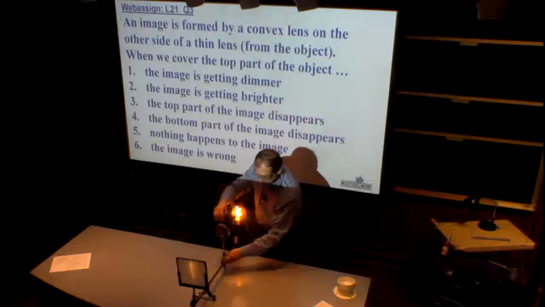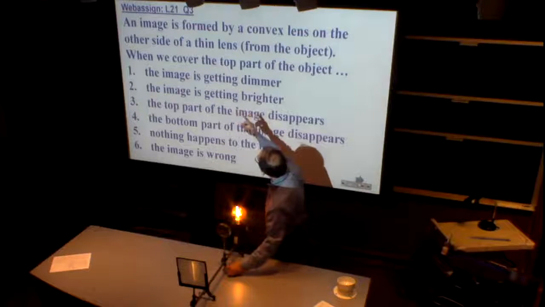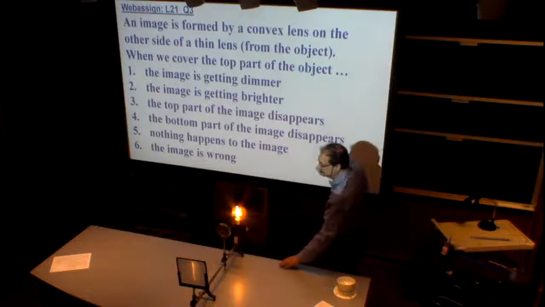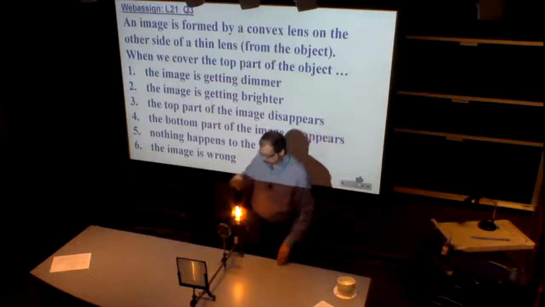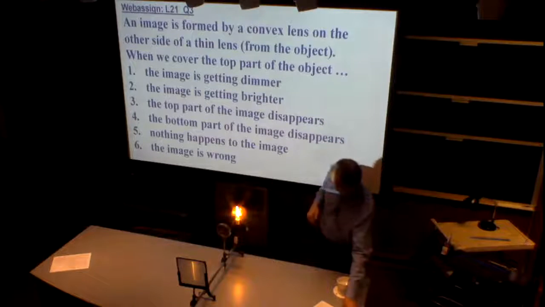The question is what's going to happen if right now I'm going to cover the top part of the object. Well, the source. This is the bulb, which is a source, an object. I can take a piece of paper.